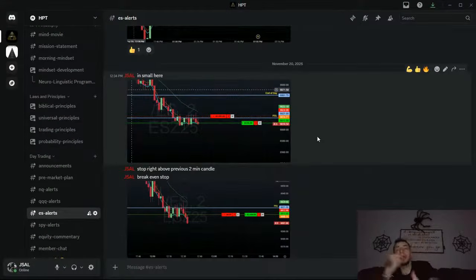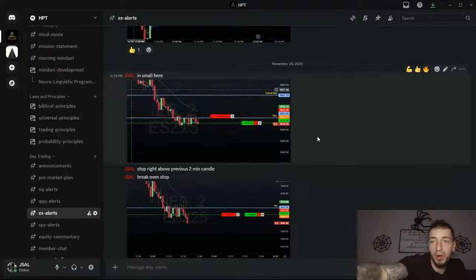Now, let's bring it back. We've talked about what an edge does. It gives us context. Now, a lot of beginner traders struggle with this because they're like, wait, Josh, you say don't break character. You say always trade your strategy. You say don't veer from the strategy, or otherwise we could blow our accounts. I do say that.